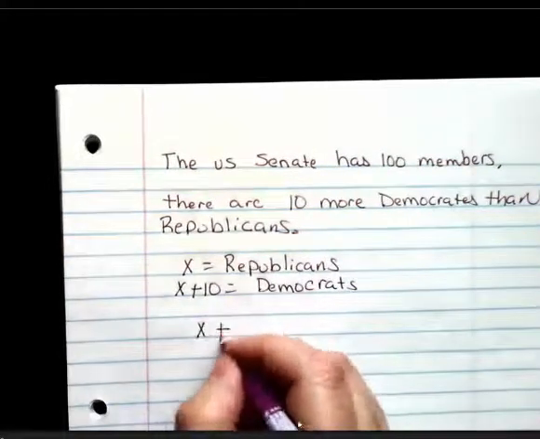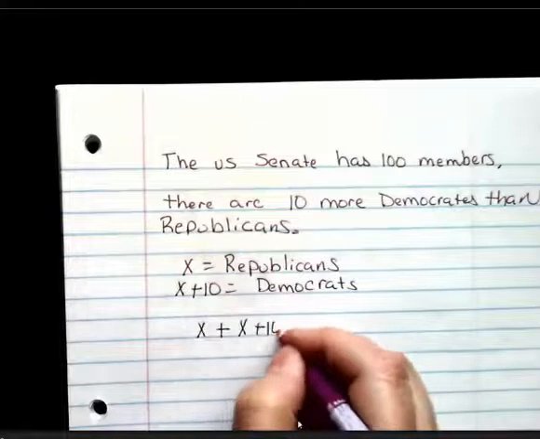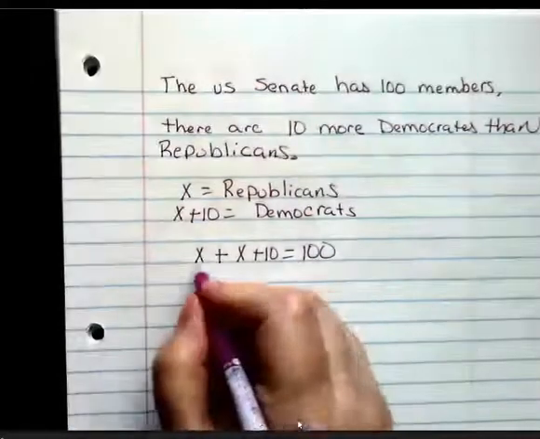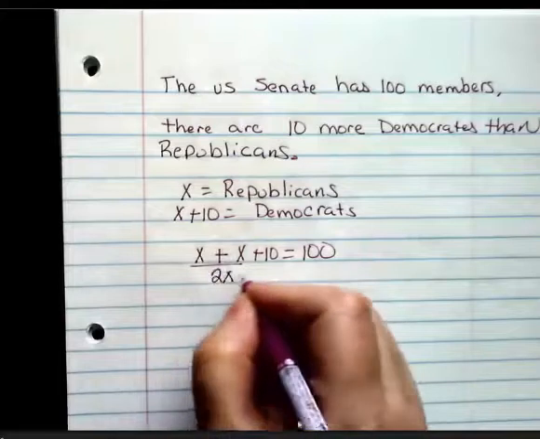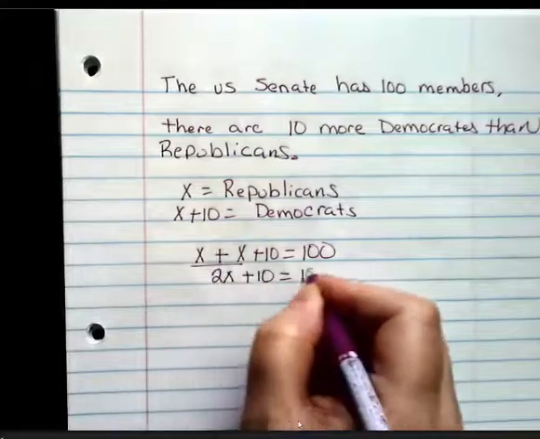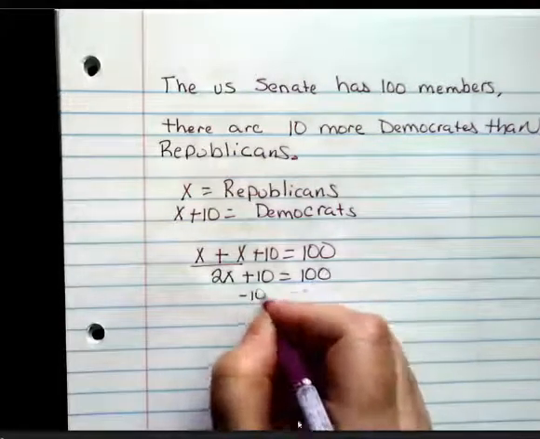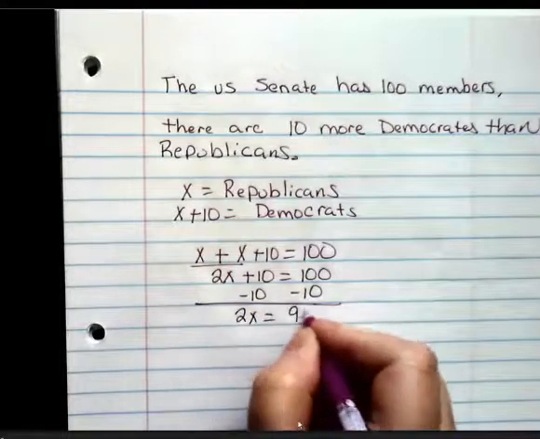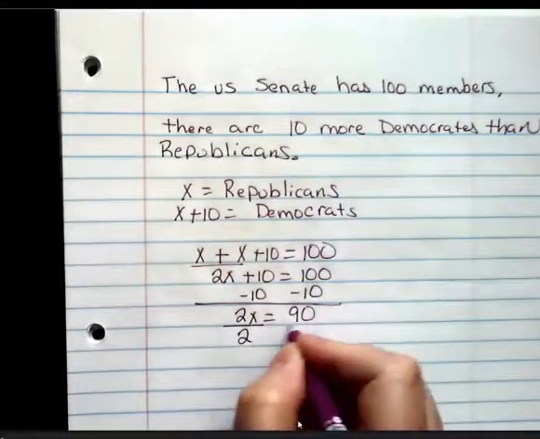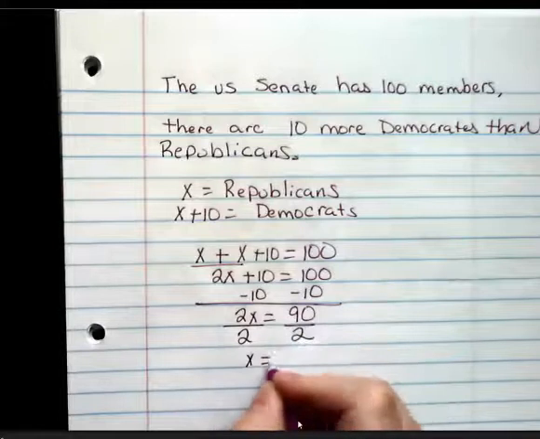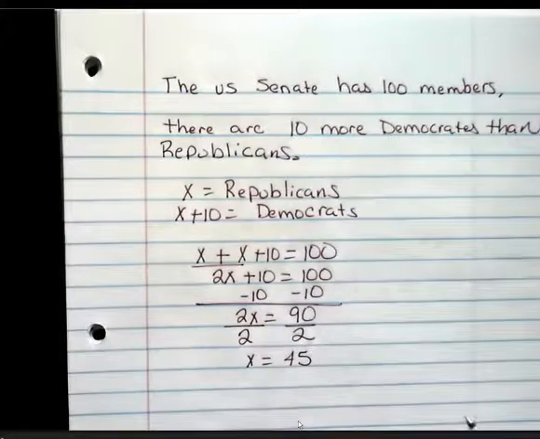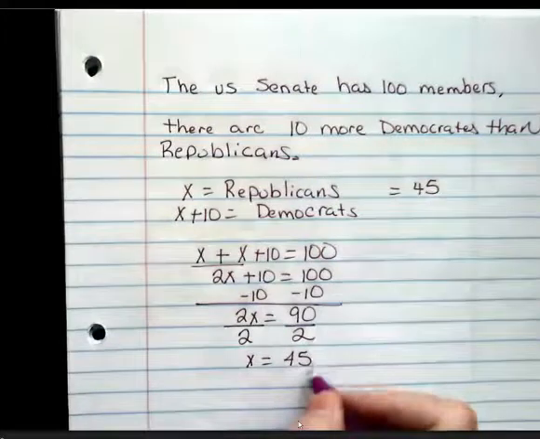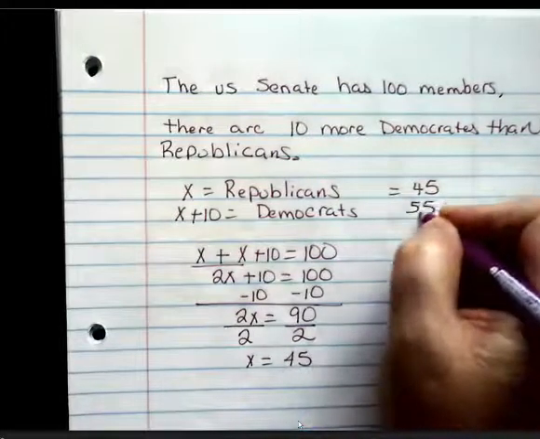So x plus x plus 10 equals 100. So we add our like terms. 2x plus 10 equals 100. Subtract 10. 2x equals 90. Divide by 2. x equals 45. So that means there's 45 Republicans. Add 10, and that's 55 Democrats.